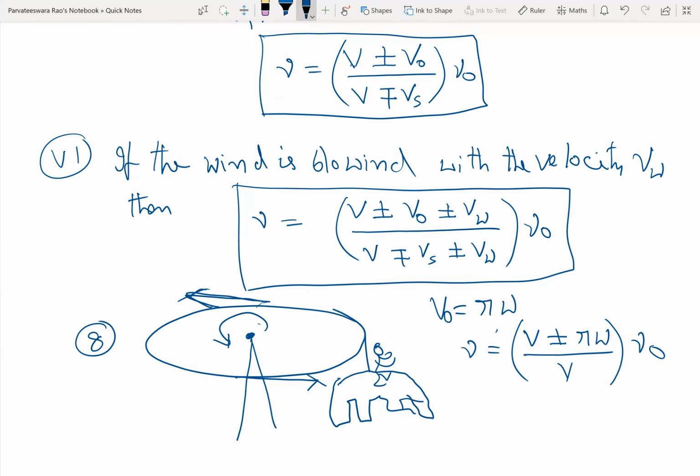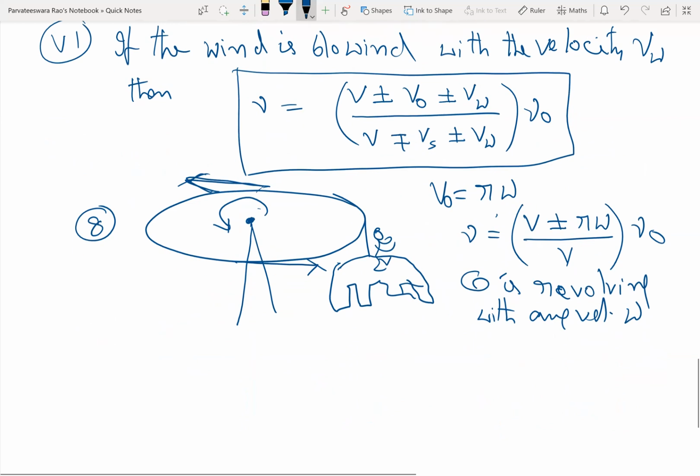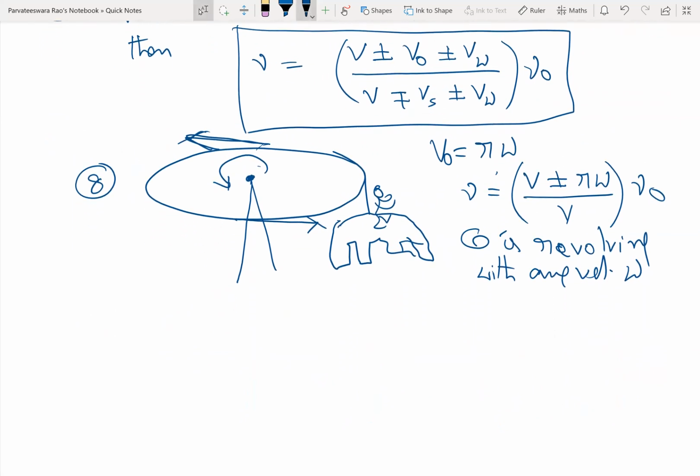Here, the observer is revolving with angular velocity omega, of course, and the source is located outside the frame of rotation.